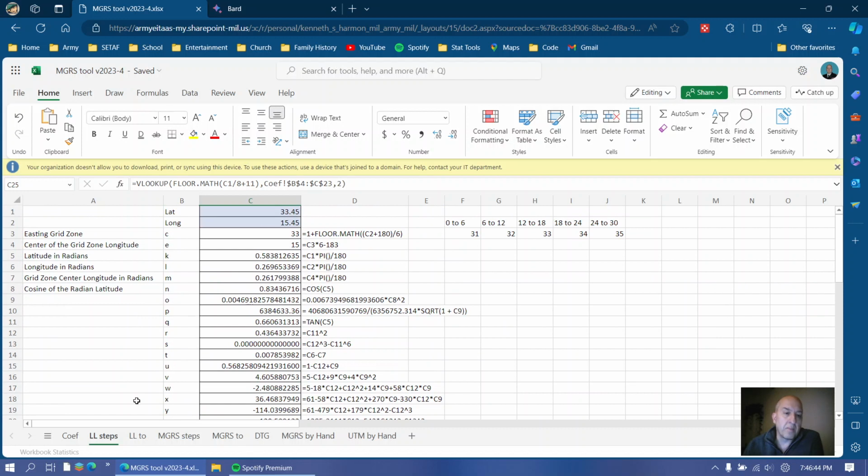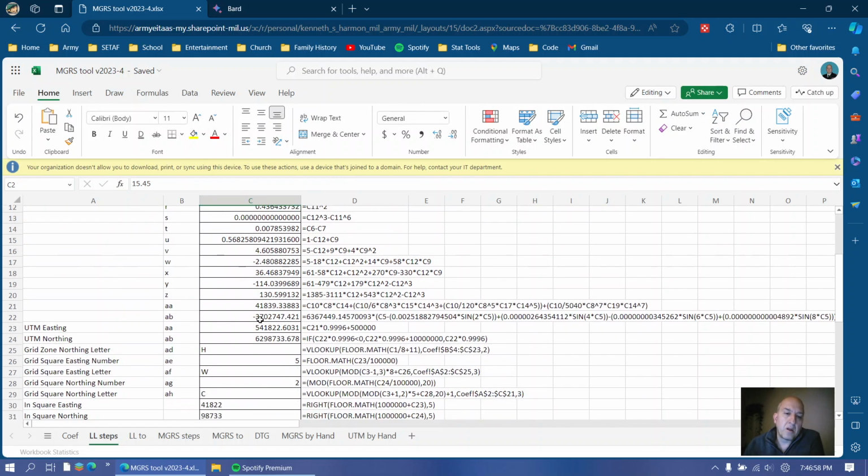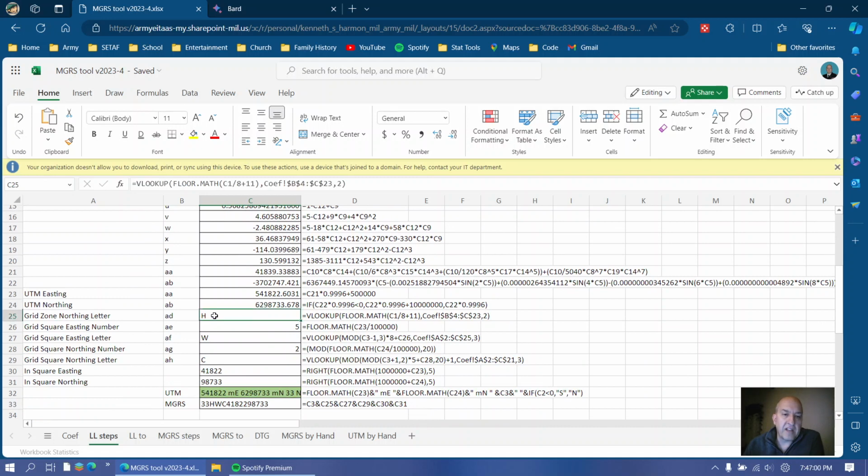So when we talk about the grid zone letters, that's it from the last video. So -33, that gets us this letter H. And then we look at this 5 that's in the front of the easting. That's 5.